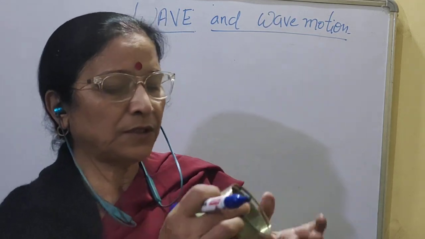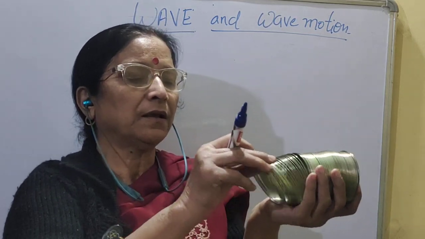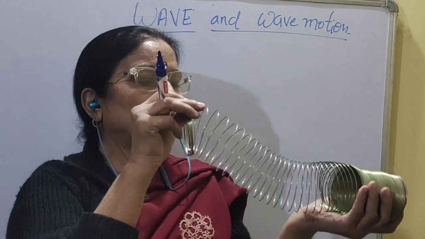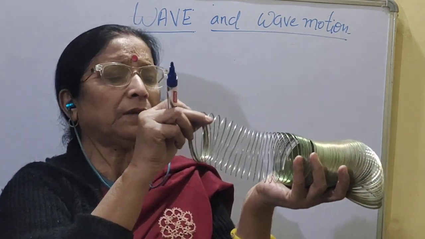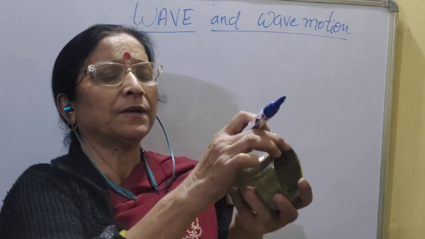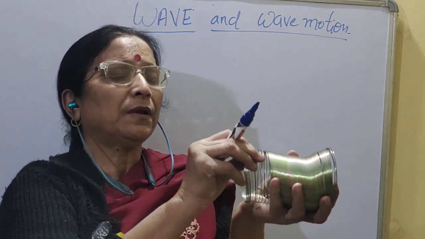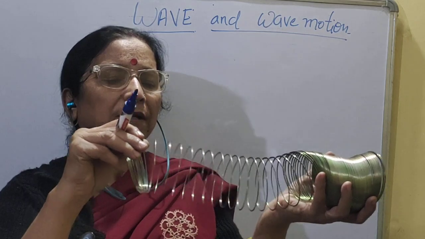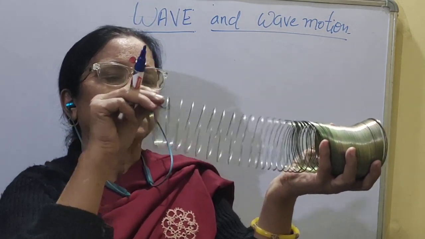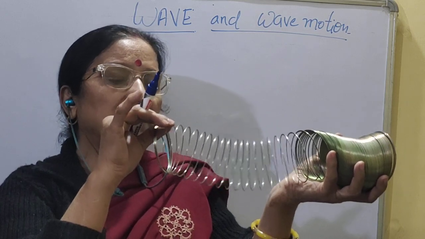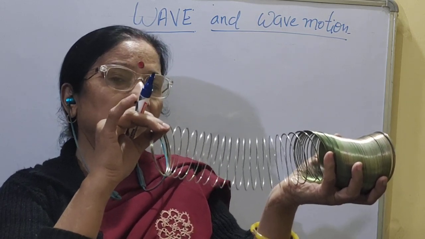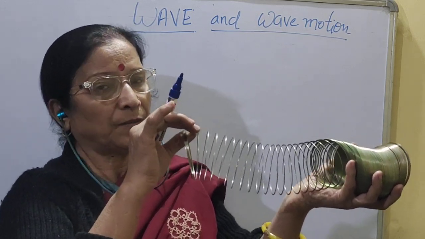Like suppose children, this one is a slinky. Its original shape is this one, and if we stretch it and then create a disturbance only at one end, we disturb the turnings of this slinky at this end.